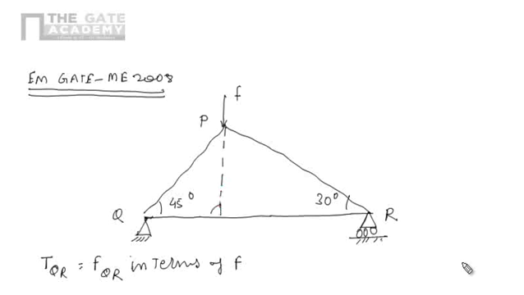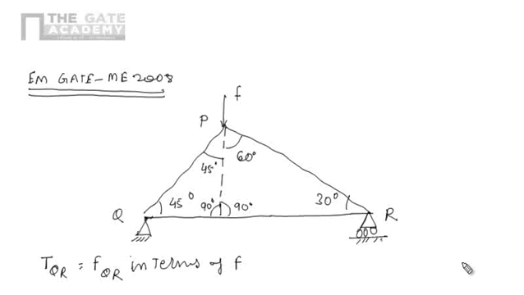Here this angle is 90, this angle is 90, so this angle will be 45, because the sum of the three angles will be 180: 45, 45, 90. Similarly here we have the angle 60 degrees, because 60 plus 30 is 90, and 90 plus 90 is 180 degrees. So now we have the angles.